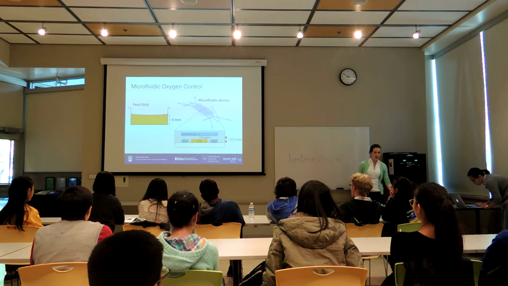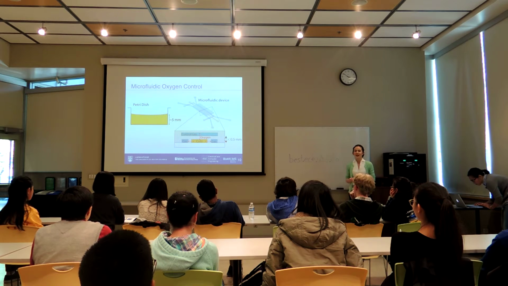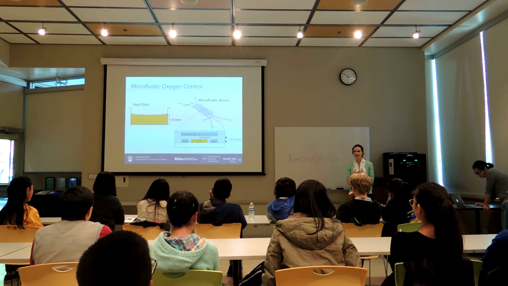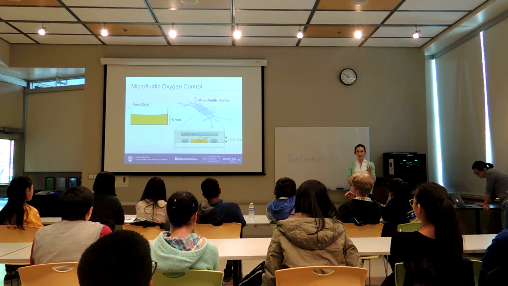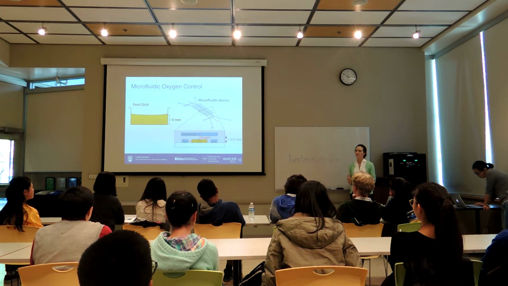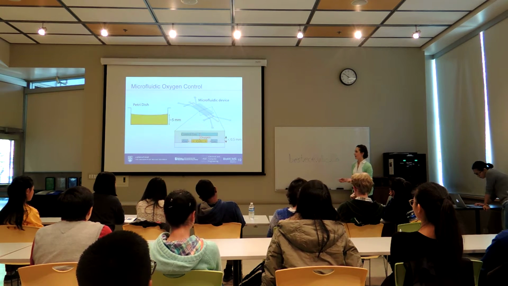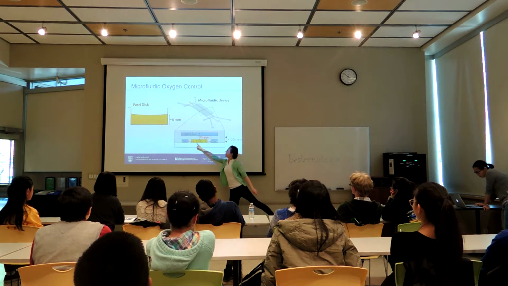So to solve this problem, what I do is I shrink everything back down. I use these tiny microfluidic channels, and they have walls that are made of a material that the oxygen is able to pass through. So I can have separate channels, and the oxygen can pass between them. And so what I do is I grow the cells in one fluid-filled chamber in the device, which is this one here.